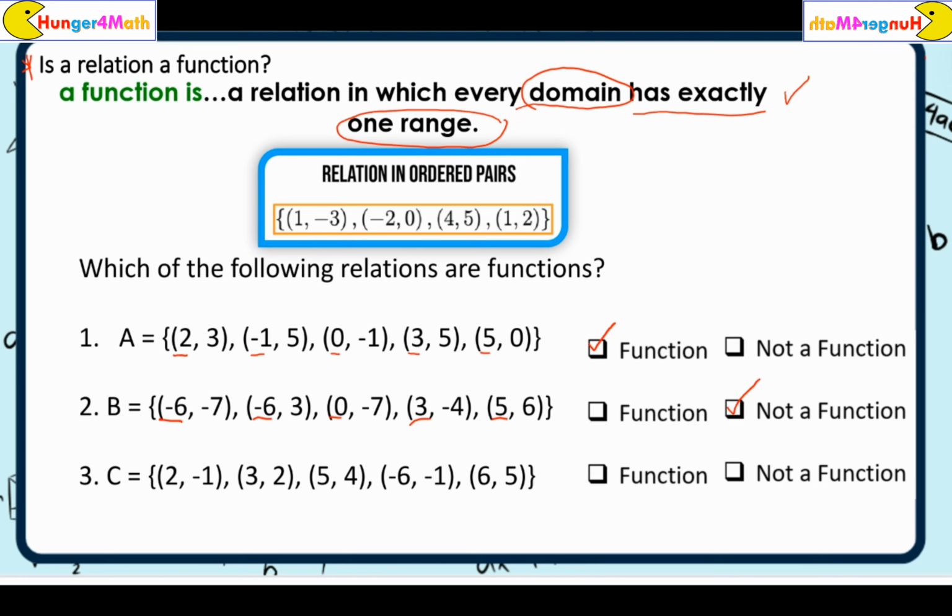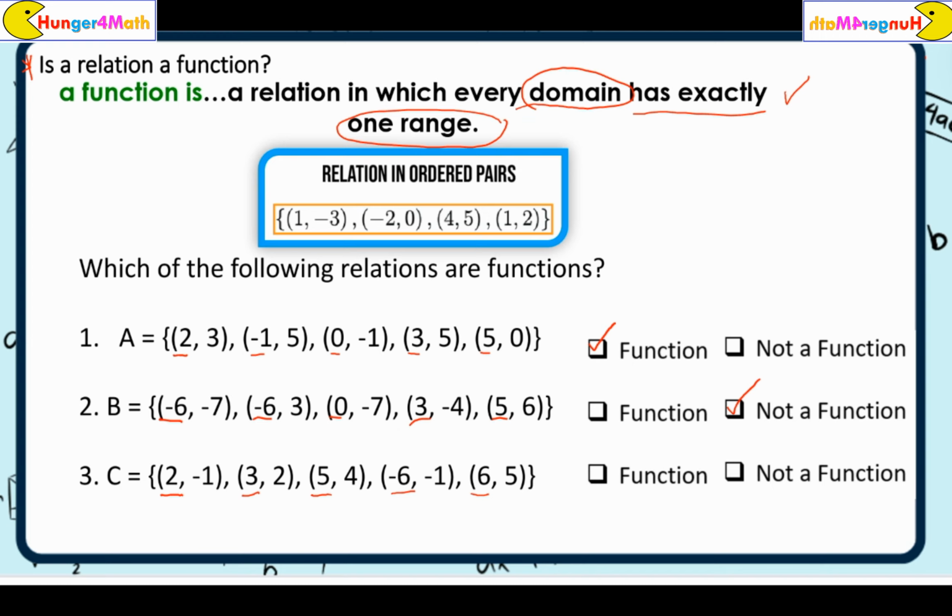Number 3, we have letter C, a set of ordered pairs. Let's look again at the values of x. So we have 2, 3, 5, -6, and +6. There are no repeated values in your domain, which means that every domain has exactly one range only.